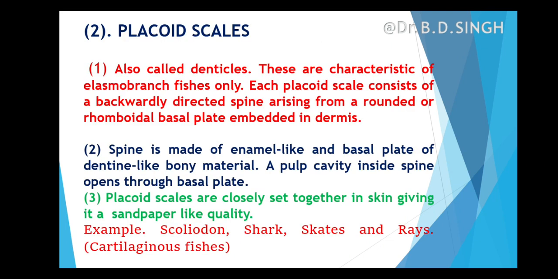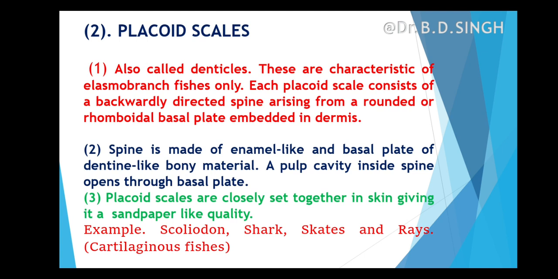Then after, I discuss the placoid scales. The placoid scales, also called denticles, are characteristic of elasmobranch fishes only. Point number 1, each placoid scale consists of a backwardly directed spine arising from a rounded or rhomboidal basal plate embedded in the dermis.